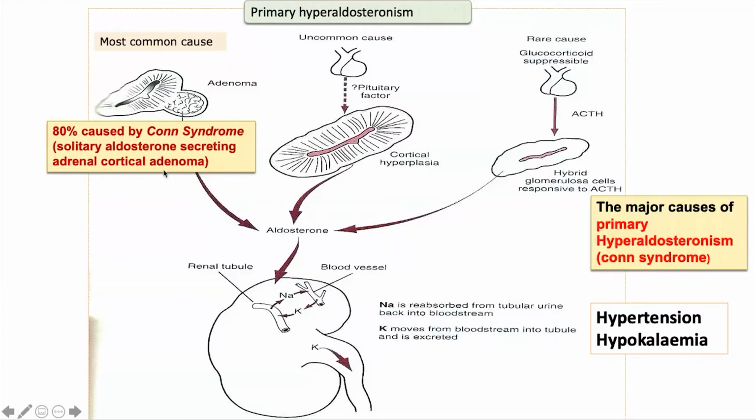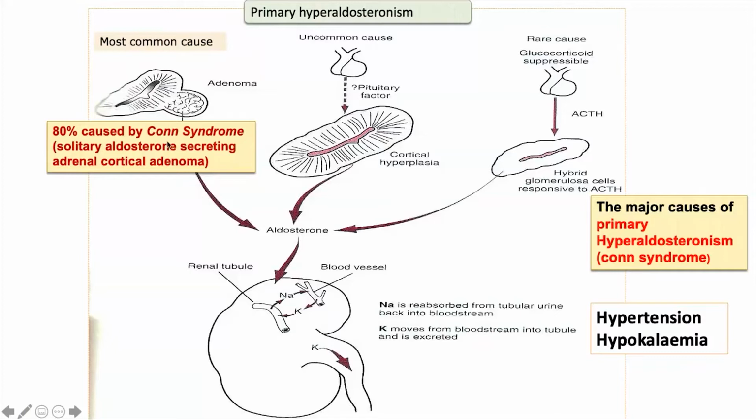This is the most common cause: an adenoma of the adrenal cortex, related to the area that produces aldosterone, which is the zona glomerulosa. Because that area is affected, it mainly produces aldosterone.